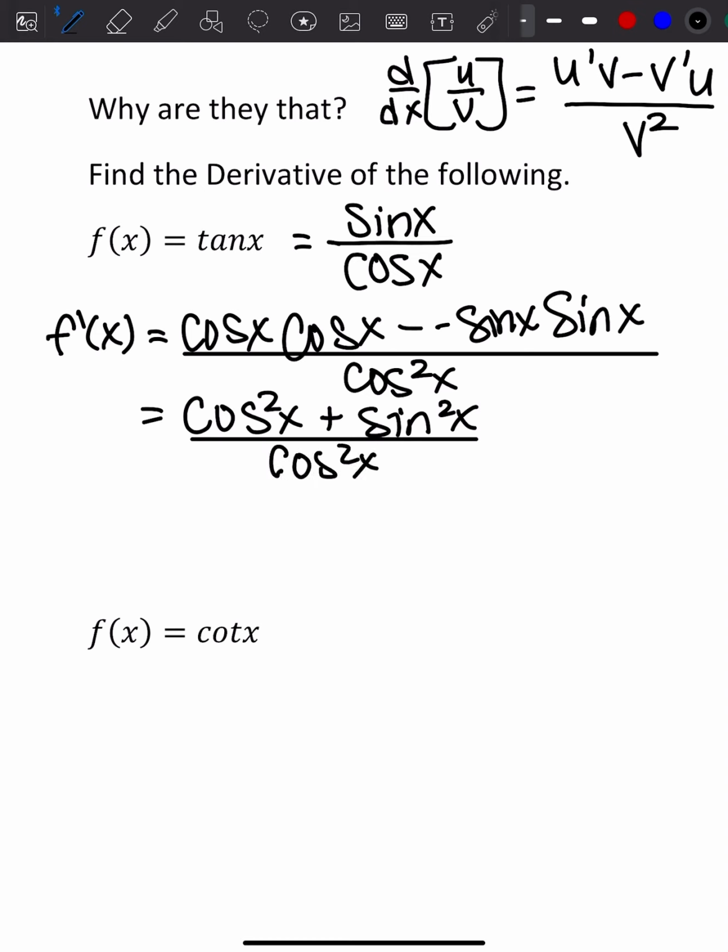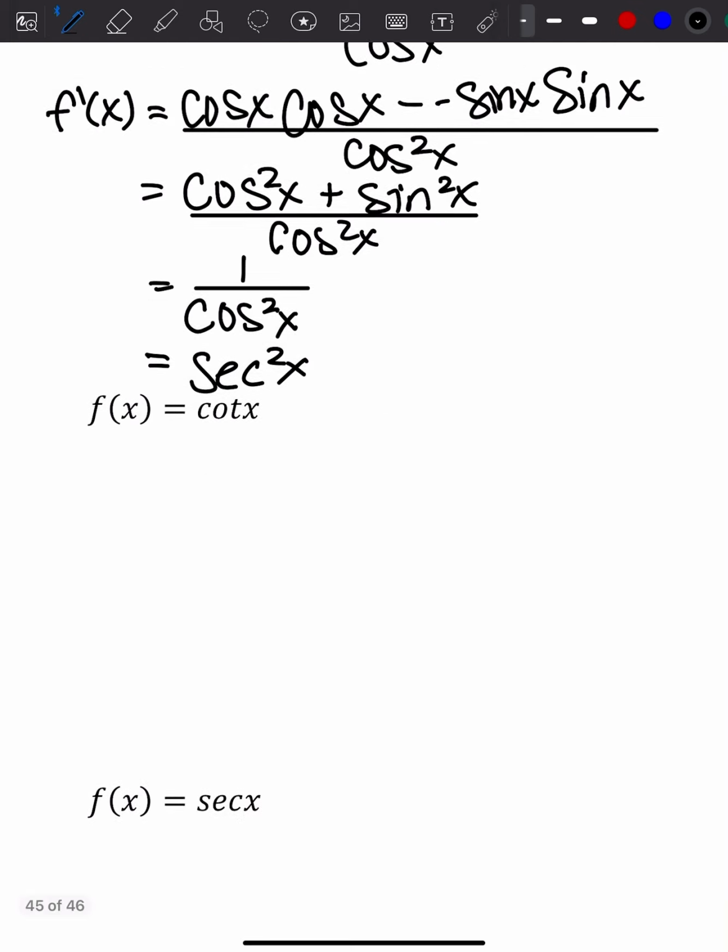Sine squared plus cosine squared is one of our Pythagorean identities, which means it is always going to be 1. So we have 1 divided by cosine squared x. 1 over cosine is the same thing as secant, so 1 over cosine squared is equal to secant squared of x. This is the work that we go through to figure it out, and this is why it ends up the way it does.